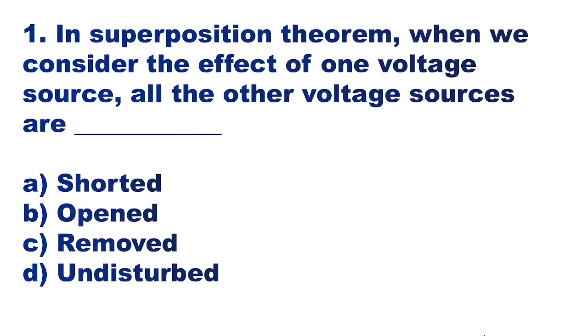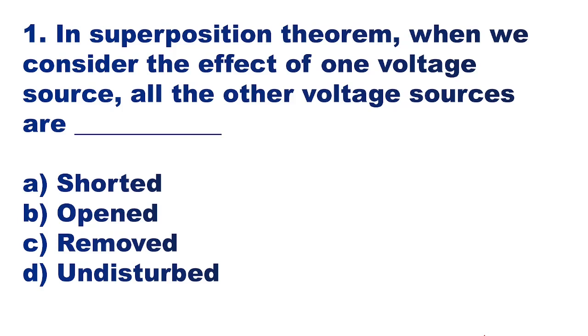Whenever you want to consider one voltage source and eliminate all other voltage sources, or whenever you want to consider a current source and eliminate all other current sources, or vice versa, whenever you want to remove the voltage source, the two terminals should be shorted. And whenever you want to eliminate a current source, the two terminals should be opened.